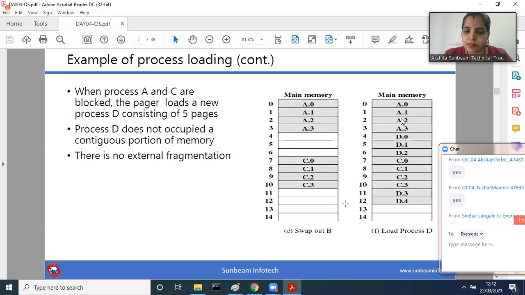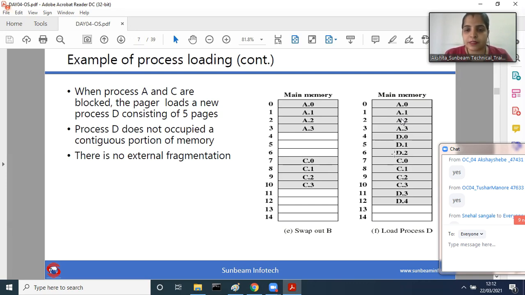If process B is swapped out, in this scenario, can I say these 3 blocks will be empty because it is swapped out from the main memory? And if it is swapped out, I have A and I have C. Now in this case, suppose process D comes, and process D is saying, I need 5 pages.